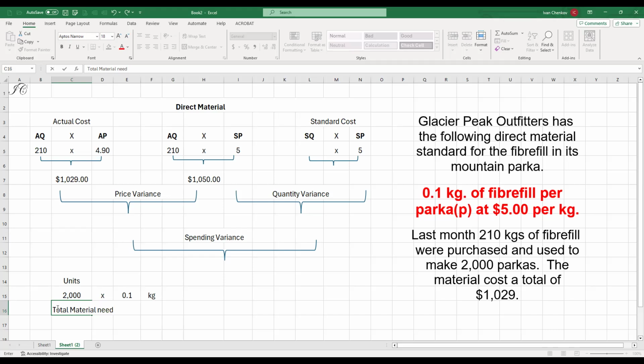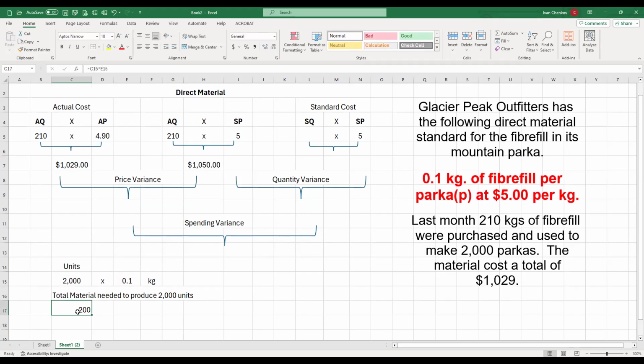Needed to produce 2000 units. In total, I'll need 2000 times 0.1. I need 200 kilograms, correct?